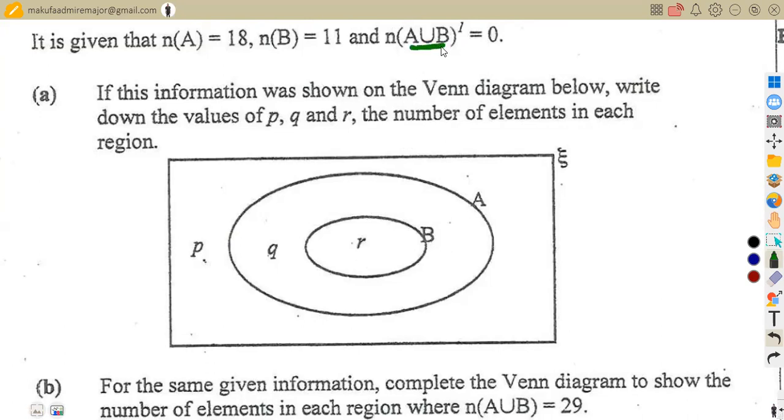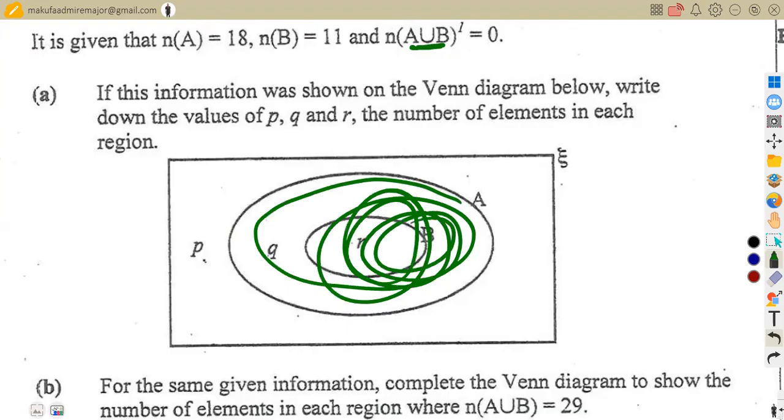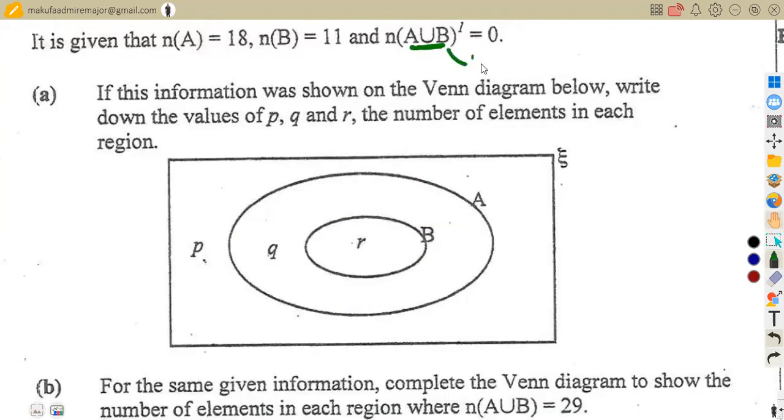A union B is the combination of A and B together. Complement means not in A union B. It's not found in A union B.